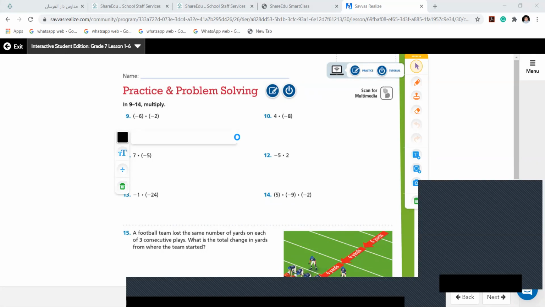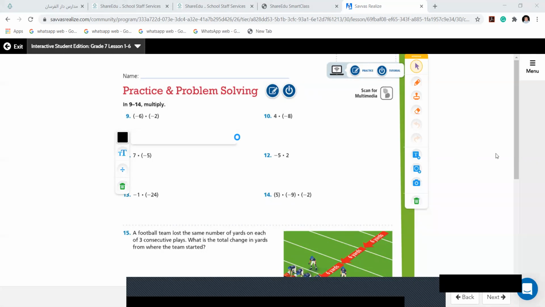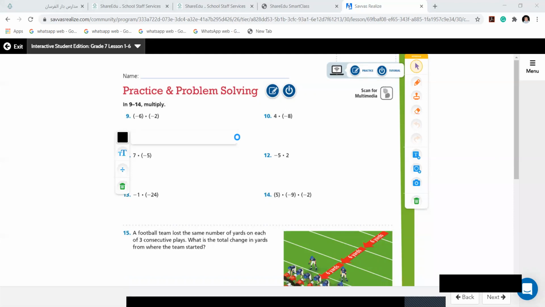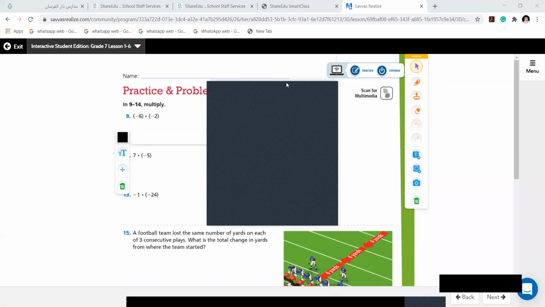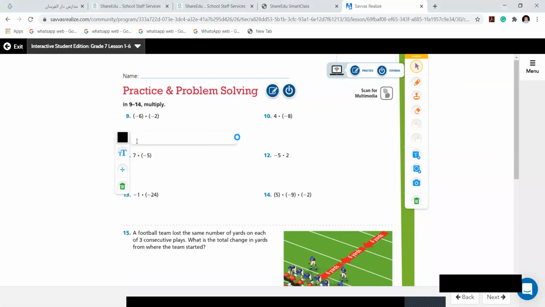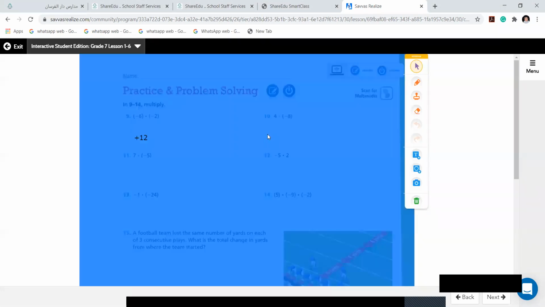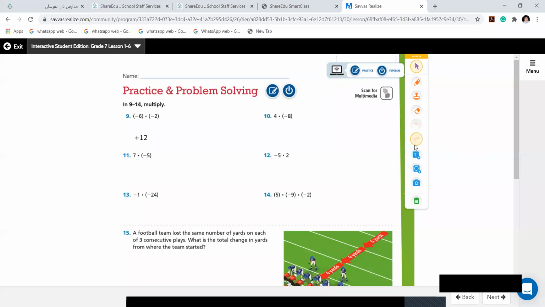Plus 12. Very good. Alhamdulillah, even she understood. It has to be plus 12. You can even write just 12. That's understood. Okay?